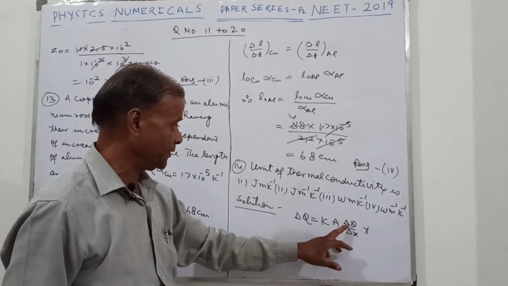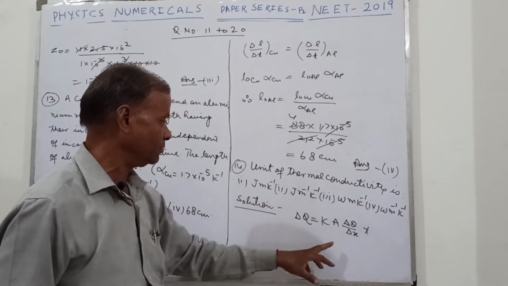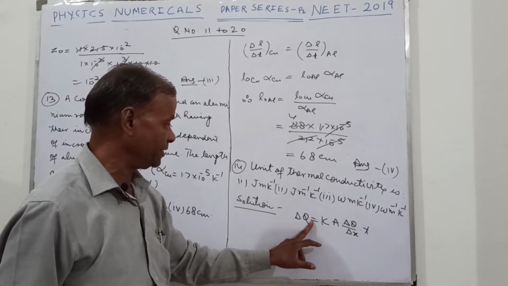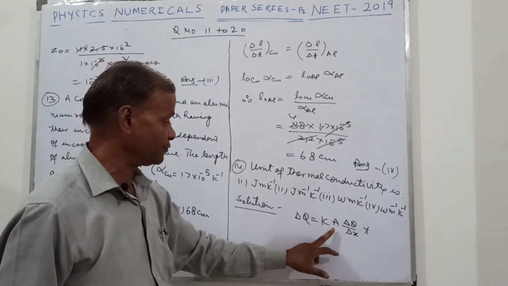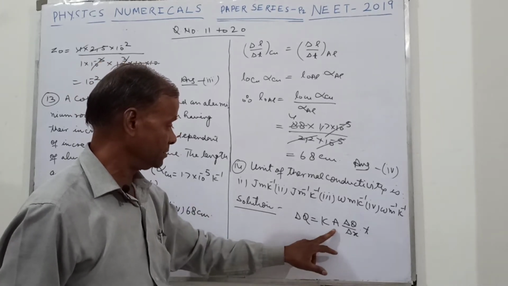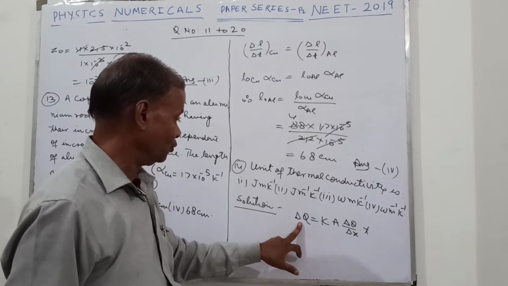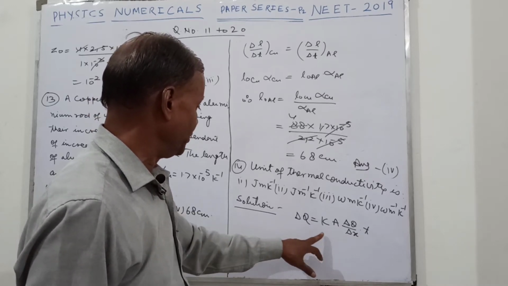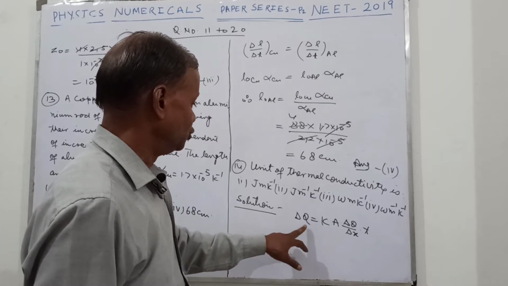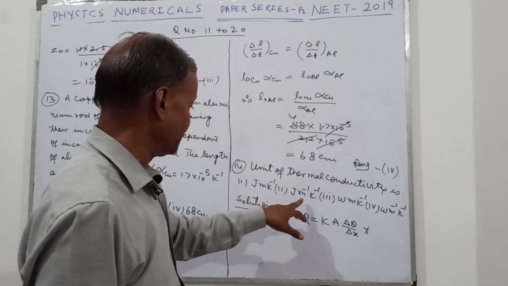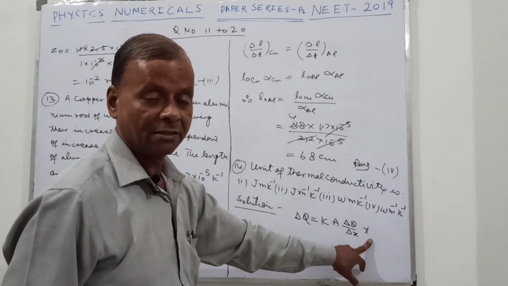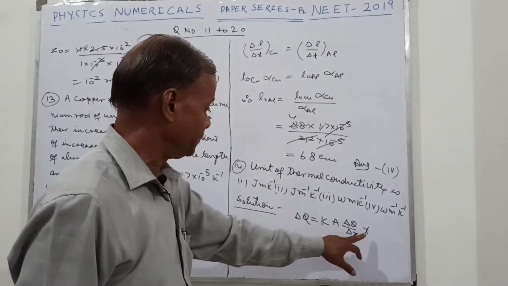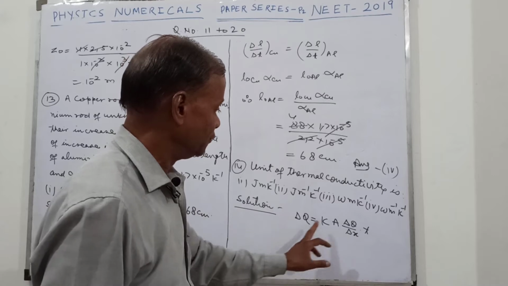So K minus 1 is coming in all, and meter minus 1 here. You have to find K. The numerator is joule, with T left, so joule per second, which is watt.